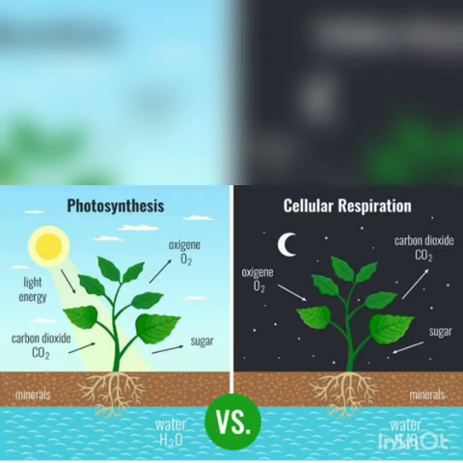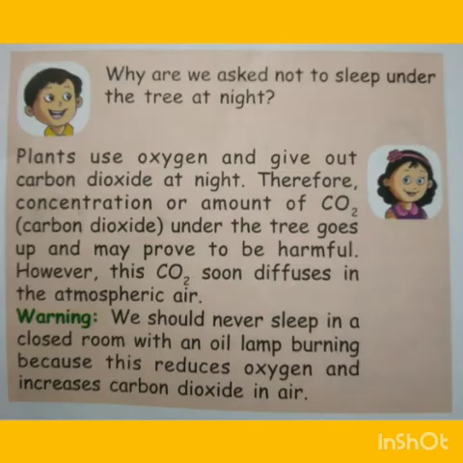Let's see an important question in this respect. The question on your screen asks, why are we asked not to sleep under a tree at night? The answer is very clear: at night plants produce carbon dioxide and it's unsafe for humans to sleep under a tree because they need oxygen and plants are releasing carbon dioxide. That's why we can't sleep under a tree at night.